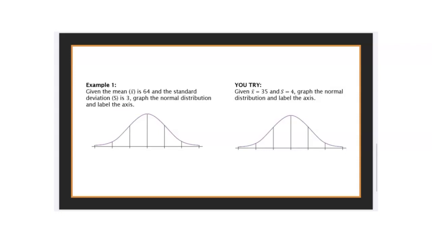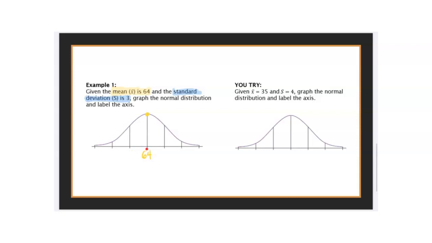So first off, our important information is that we have the mean. Second piece of important information is we also have our standard deviation, and it's 3. That mean, remember, is located directly in the middle of your normal distribution curve. So here, this is 64. The standard deviation tells you how far apart your data is from your mean.